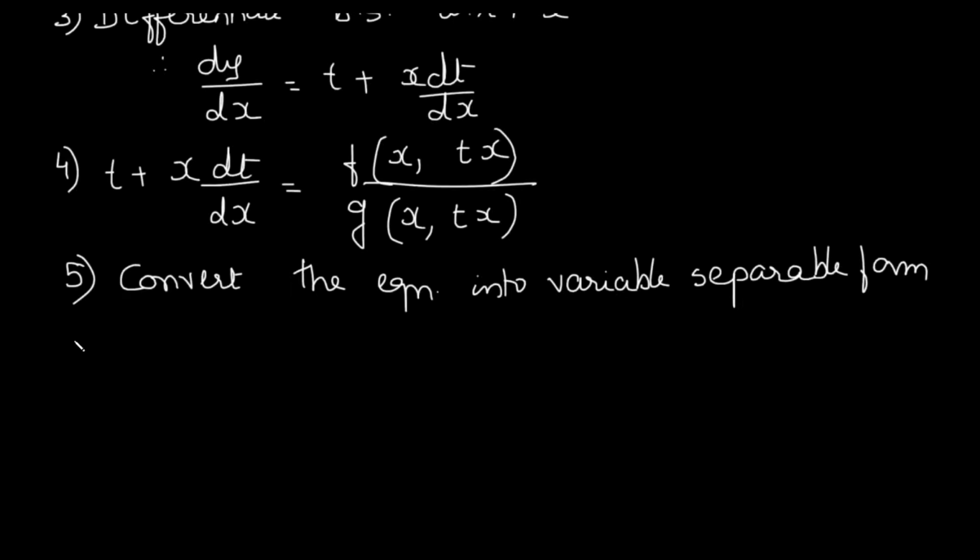The reason why we convert it into variable separable form is that we can then integrate the equation. So the next step naturally which follows is integrate both the sides.